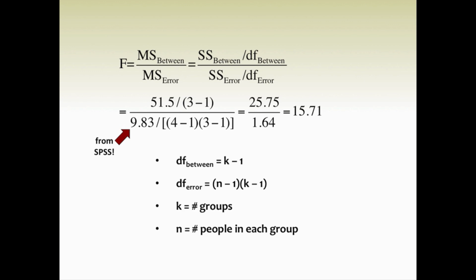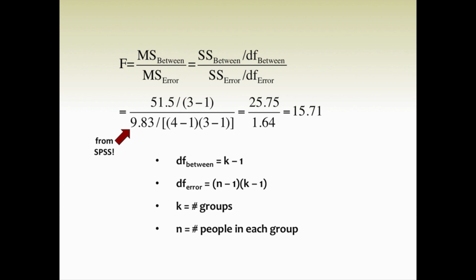The 3 time points is k, and so you multiply 4 minus 1 by k minus 1, where k, the number of groups, is 3. So for degrees of freedom error, that ends up being 3 times 2, or 6. On the bottom part of that fraction, it's 9.83 over 6, which gives you that 1.64.